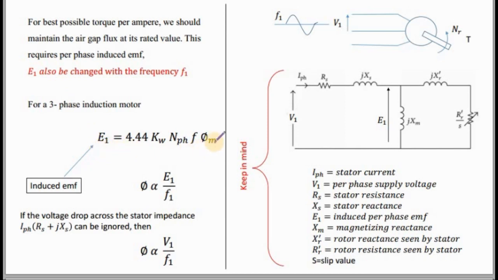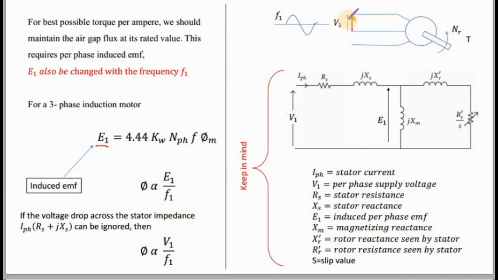Now here you can see the equation for induced EMF in a 3-phase induction motor. What is this induced EMF? Induced EMF is when you apply V1 voltage to the induction motor, E1 is the voltage induced at rotor.